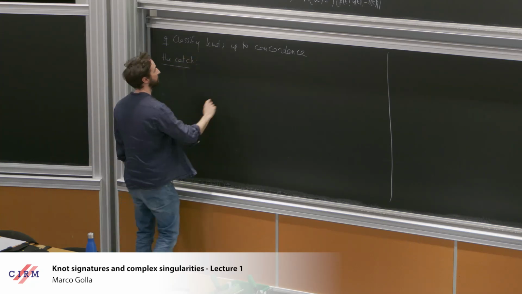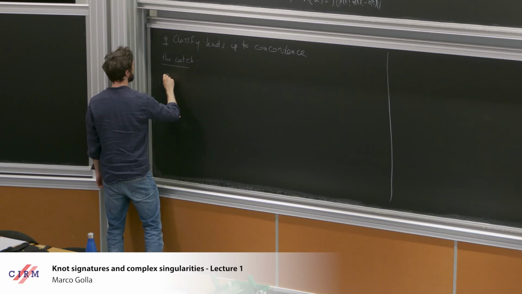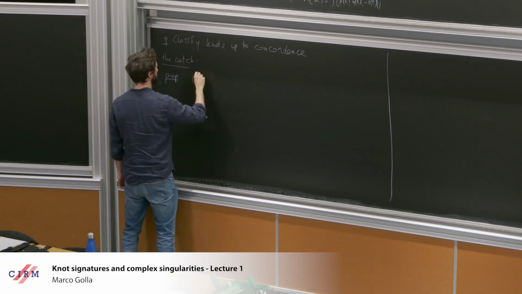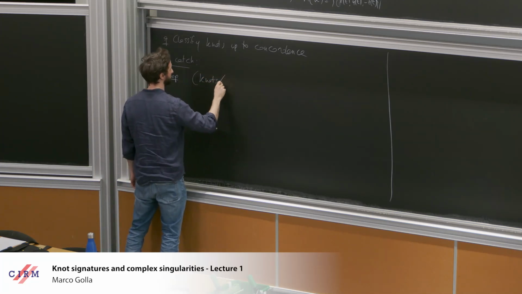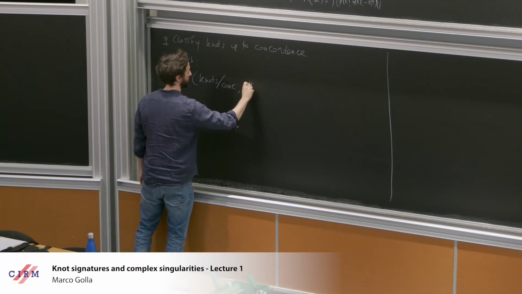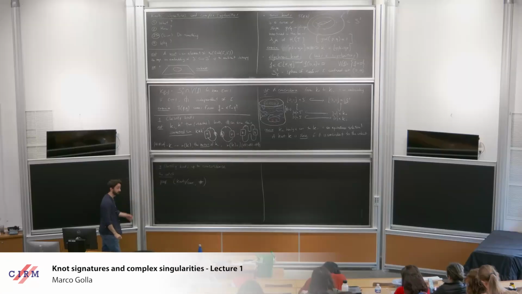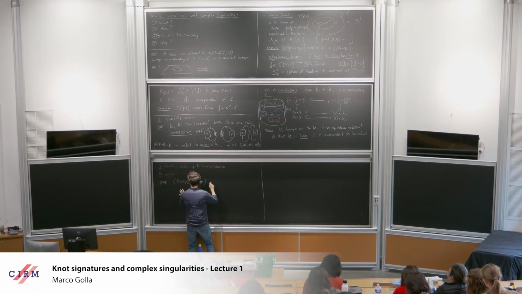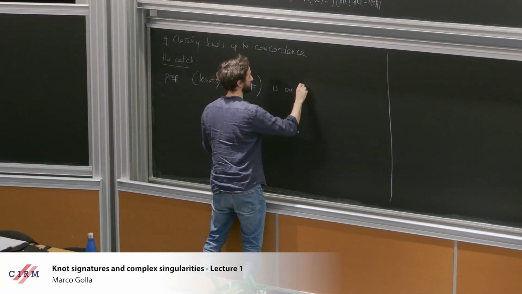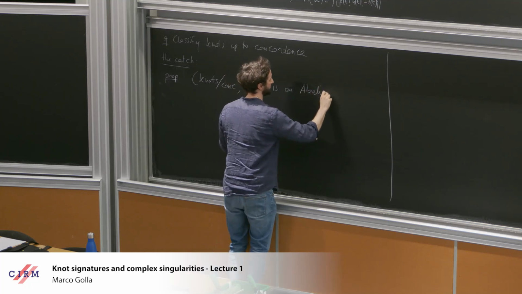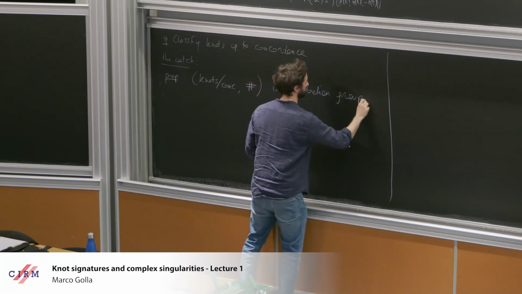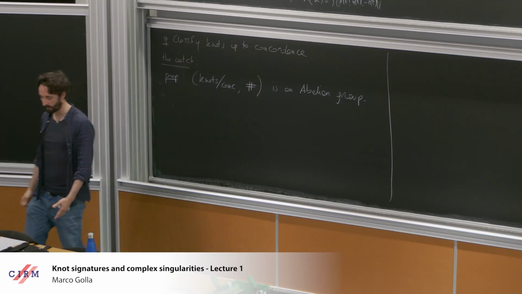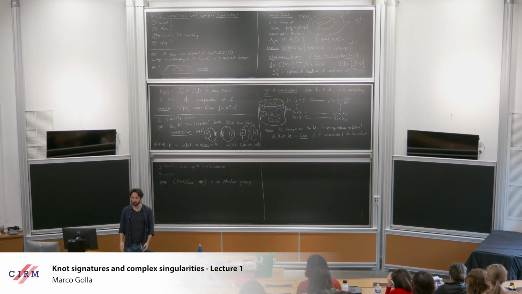The catch is maybe the following proposition: knots up to concordance still have an operation defined by the connected sum. I'm going to get there, one second. This is an abelian group. So if we mod out by this bigger equivalence relation, we gain a lot of structure on the space of objects that we want to study.